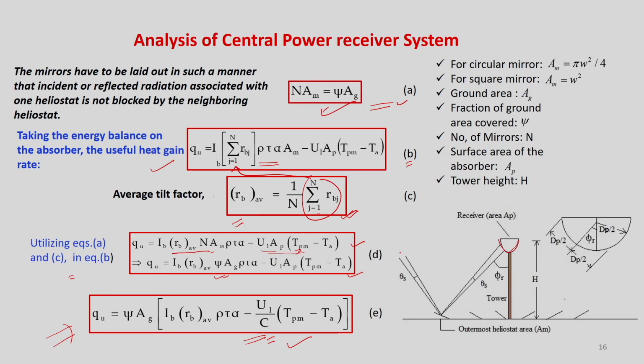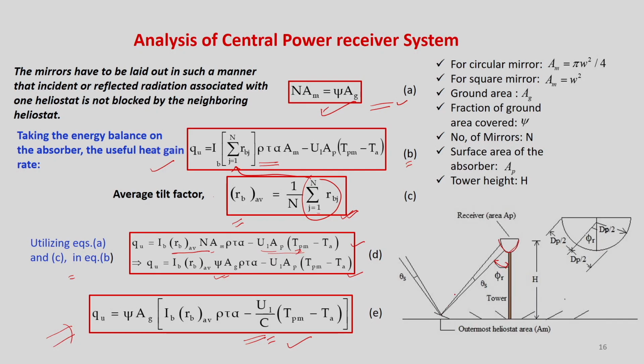Solar radiation is falling on the last heliostats and it is reflected to the observer, when it makes an angle with this height of the central power receiver system. So, this angle is known as phi r, which is also called the rim angle.